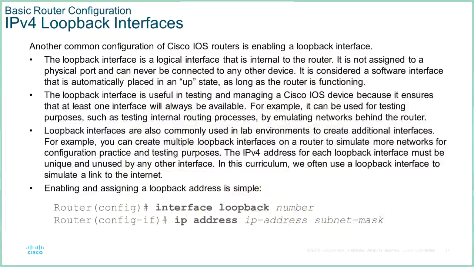So a lot of the labs will get you to configure a loopback interface for simulating more network connections than what we actually have. Okay, so that's good for doing that as well.